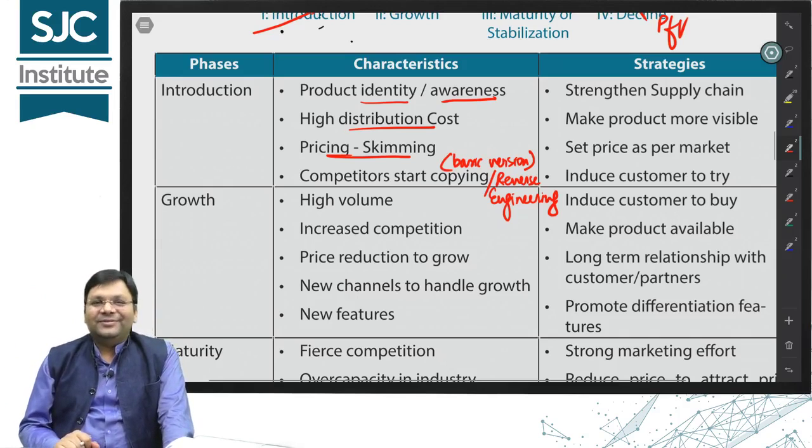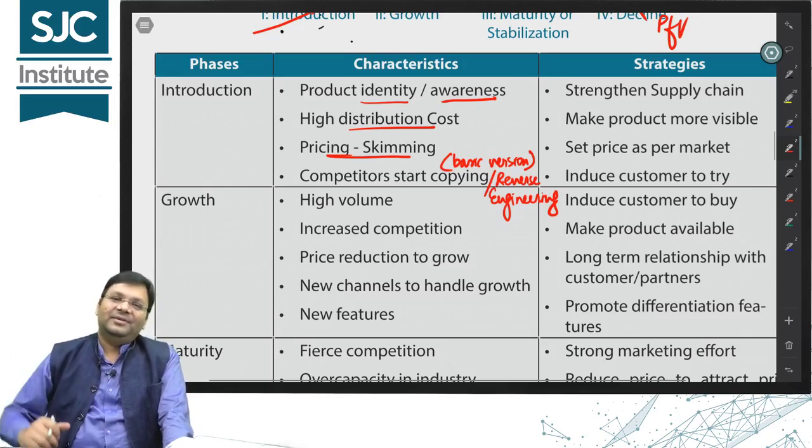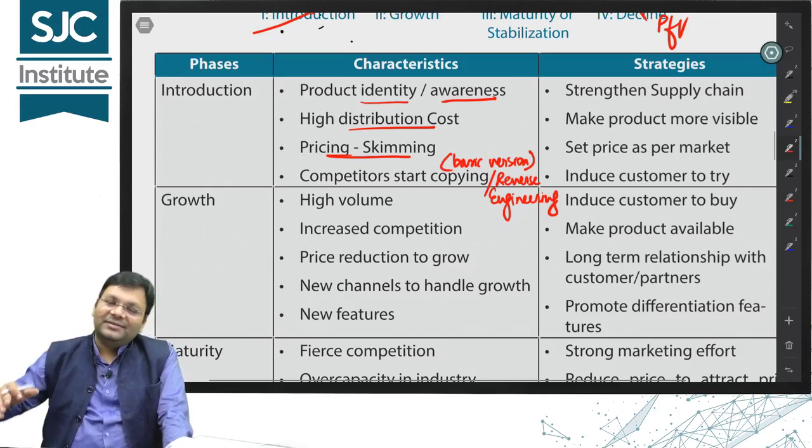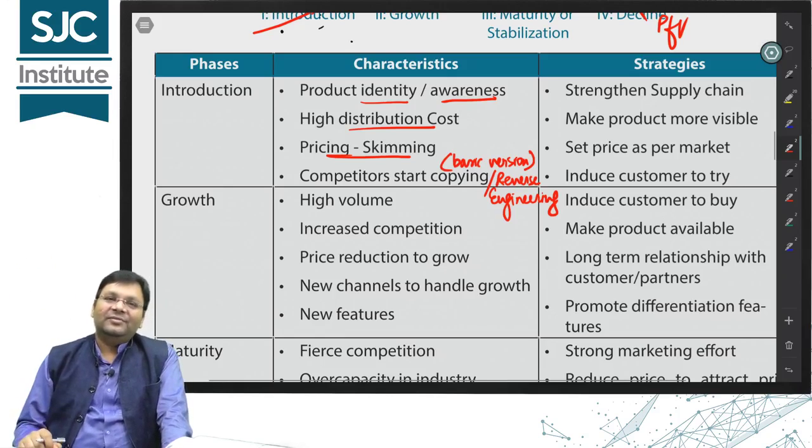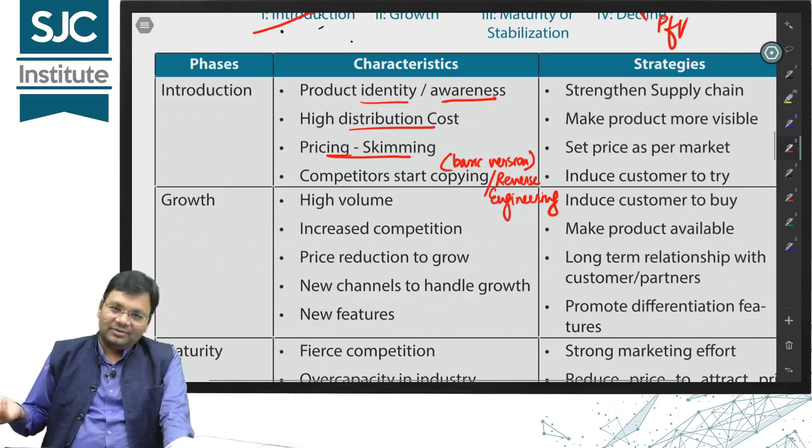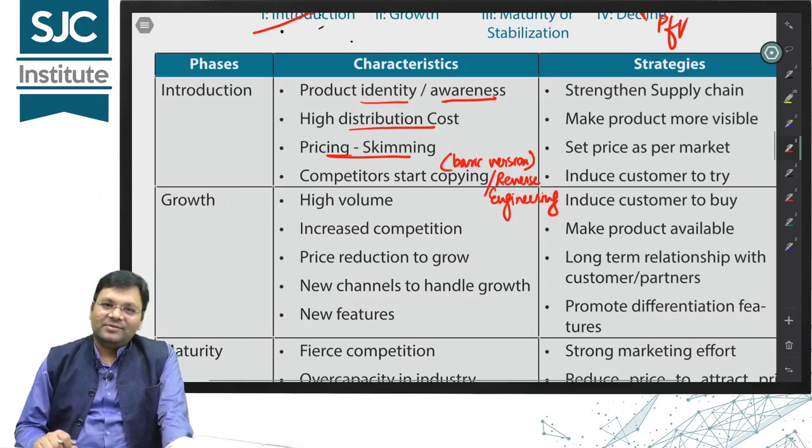So what happens, if one shop becomes popular in a small town, other people open the same shop, same product, same name also they will give, and same condition they will write. So when people in the town know that I bought something from Maria store and it is there in the market, anyone going to Maria store may mistakenly go into a different Maria store also.